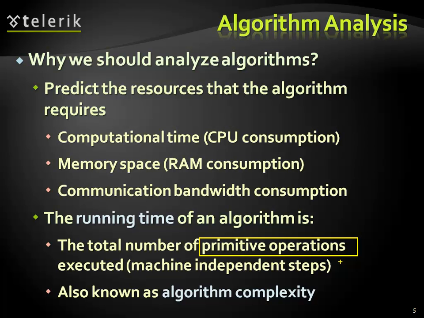Or, for example, calculating the nth number of the Fibonacci sequence. Well, a primitive operation in that algorithm would be summing the n-1th and n-2nd element of the sequence and obtaining the nth. So primitive operations is something you could change the meaning of.